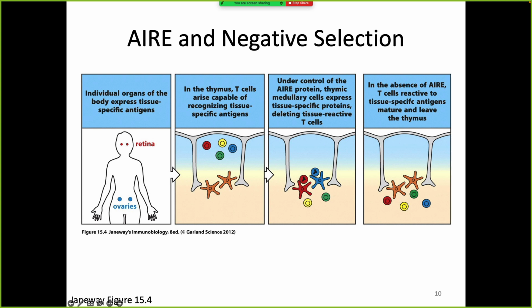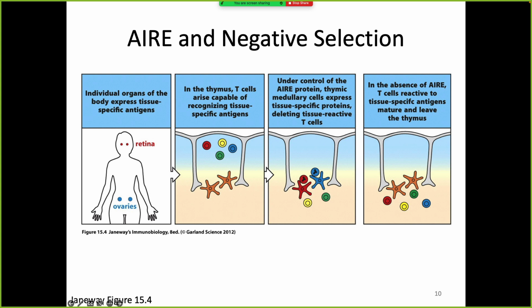That means that T cells are able to test themselves against every protein that they might find in the body. And we can delete the self-reactive T cells that react to everything in the body, including those retina-specific or ovary-specific proteins.